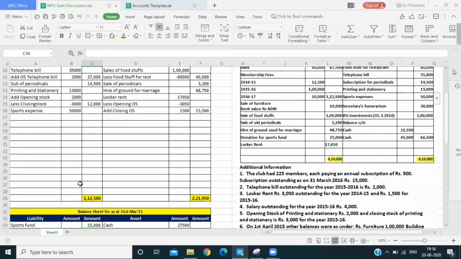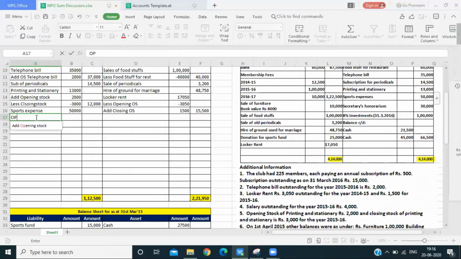Always, funds are a liability. That too, if it is a specific donation, it should be shown under liability. So there is an expense, and correspondingly we have an income. We can offset that expense with the income available with the non-profit organization. So there is a sports expense amounting to 50,000, and we have a fund.